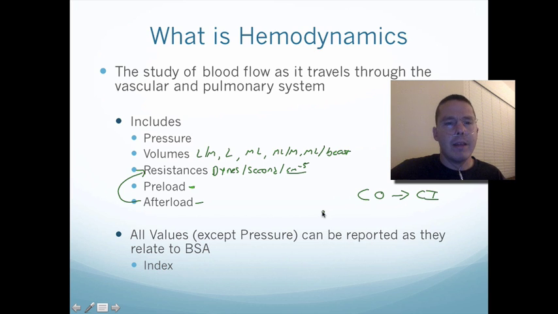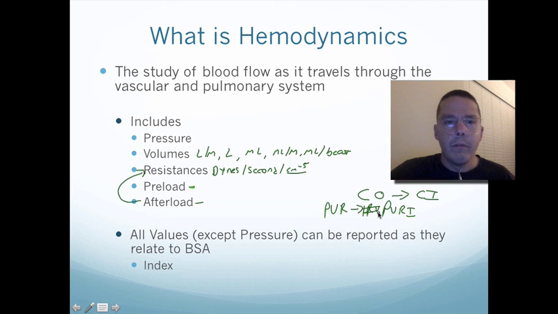The same thing can be said for measuring the resistance of blood as it passes through the lungs. Normally, we measure the resistance of blood just based on the cardiac output and the pressures, and we'll get into this a little later, and that is a pulmonary vascular resistance. But when we compare that value to the patient's size or the body surface area, then that is considered a pulmonary vascular resistance index.